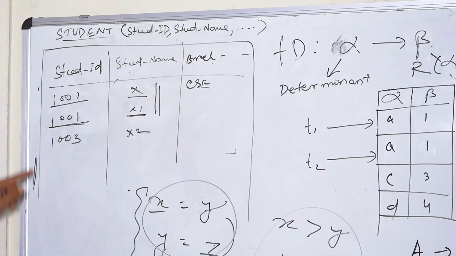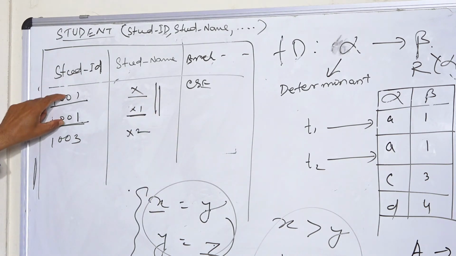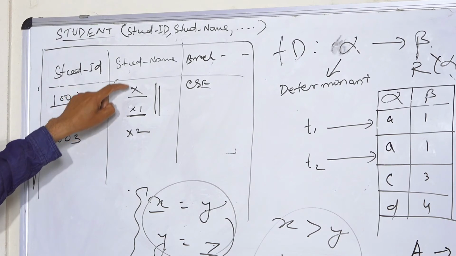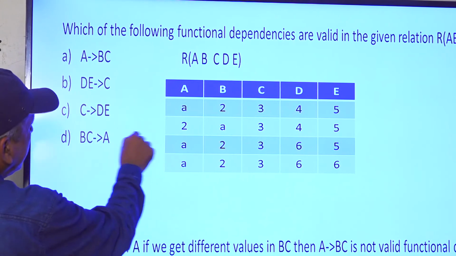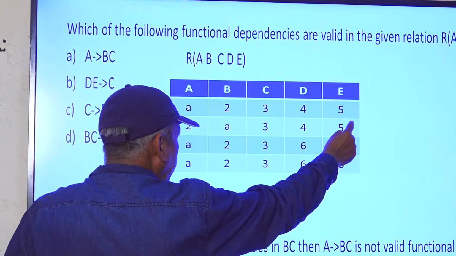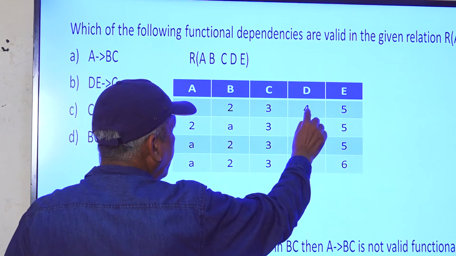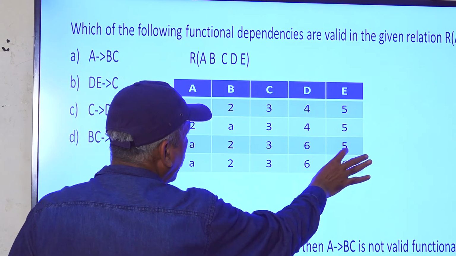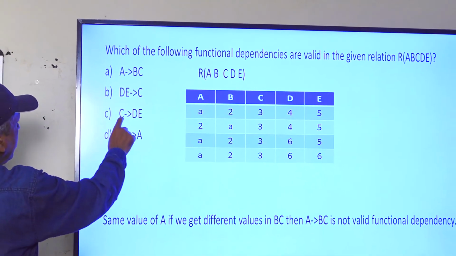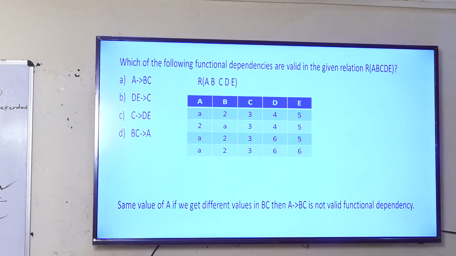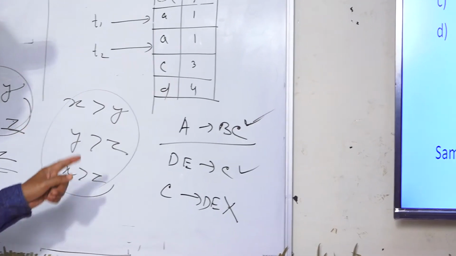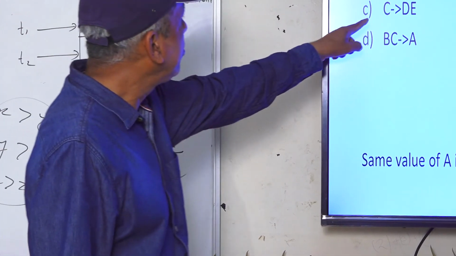That is wrong, because the student registration number or student ID is unique, so the student name should be the same. But in this case, C produces DE means these 3 identify 4, 5, these 3 identify 4, 5, these 3 identify 6, 5. That is a confusion. So C produces DE is not a functional dependency, it doesn't hold good.